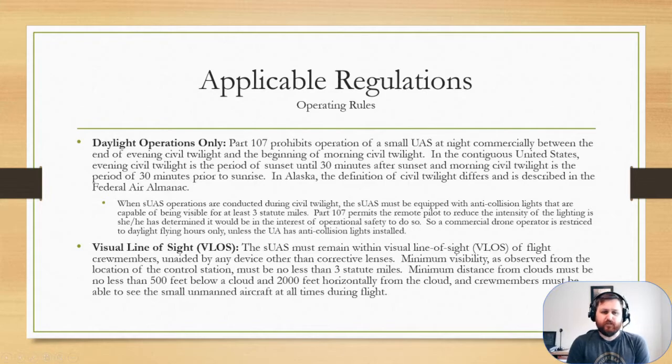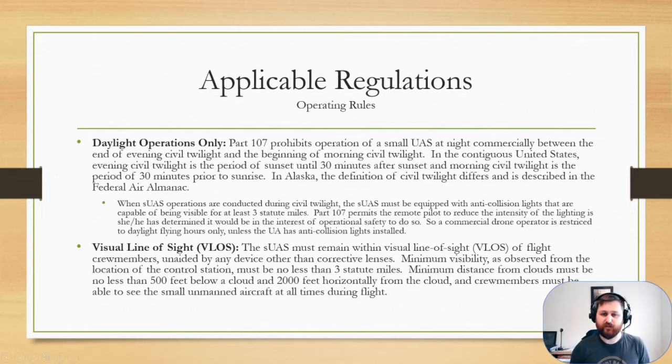When sUAS operations are conducted after dark or during civil twilight, the sUAS has to be equipped with additional components such as anti-collision lights that are capable of being visible for at least 3 statute miles.